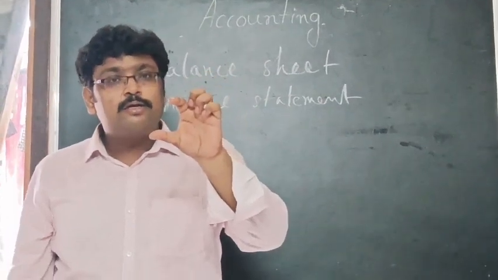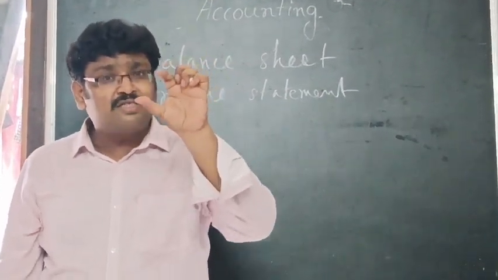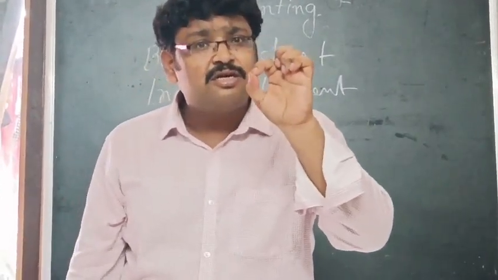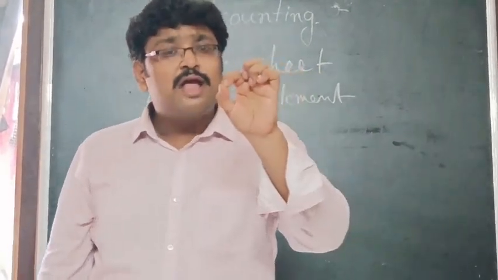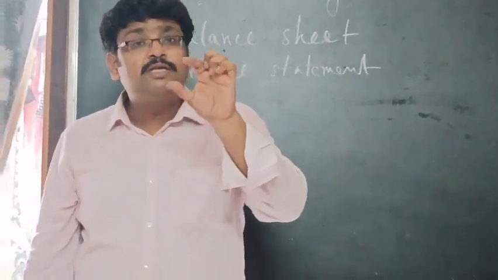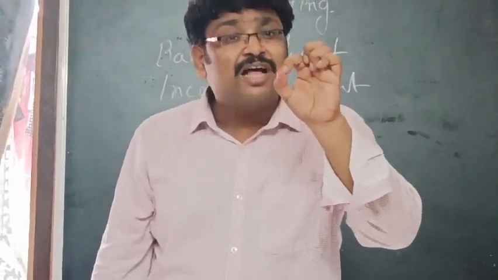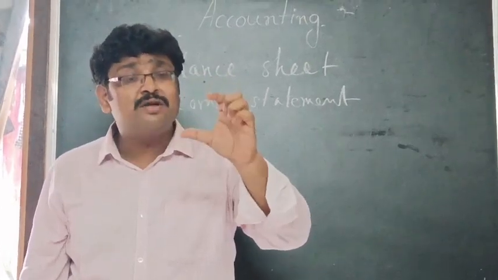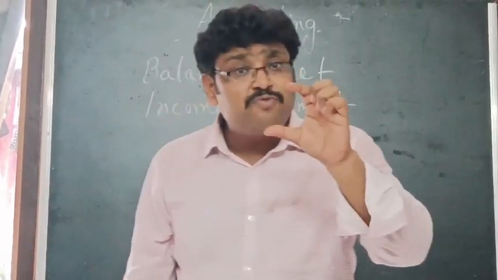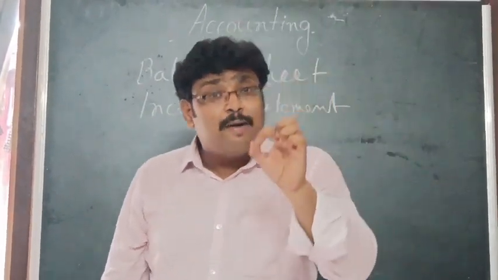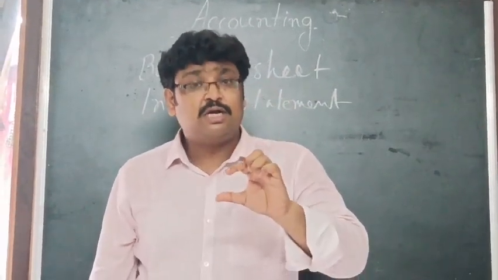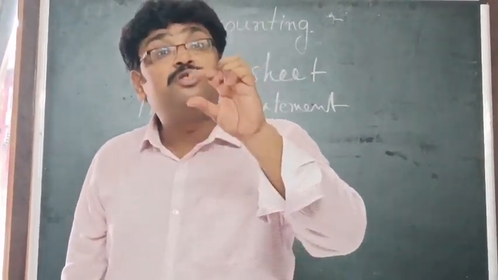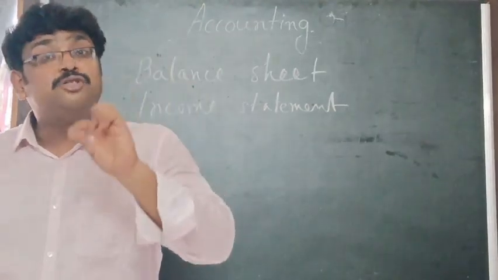The first three, asset, equity and liability, together are considered as the balance sheet. And if we consider the income and expense, then it is the income statement.